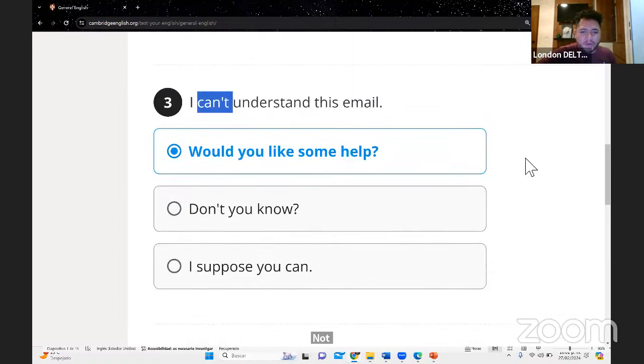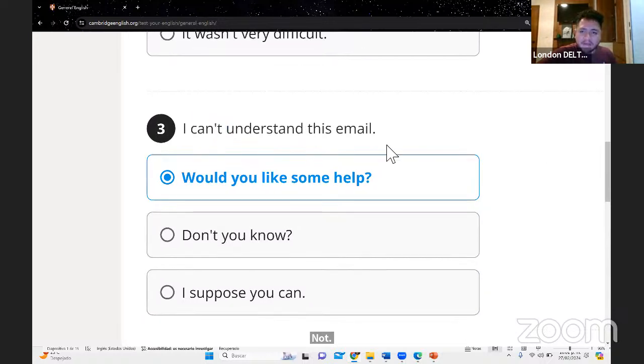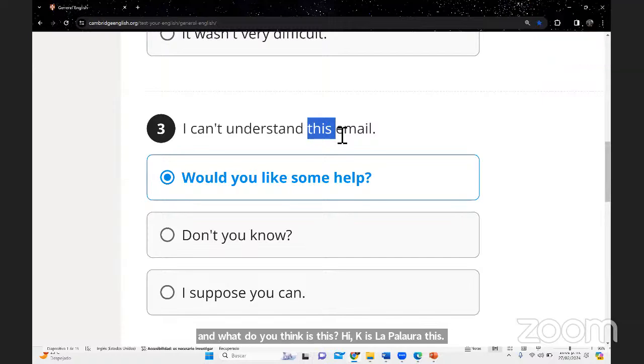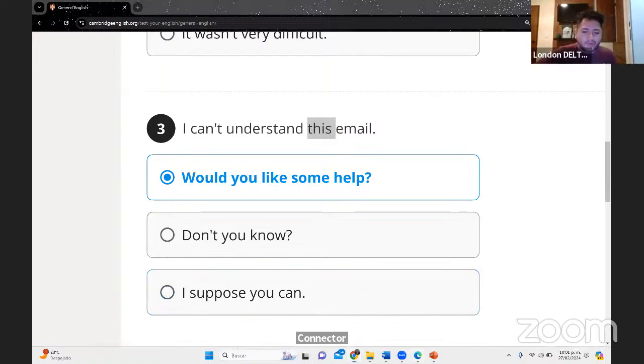Okay, and what do you think is this? Jairo, ¿qué es la palabra this? Is a connector. Close.